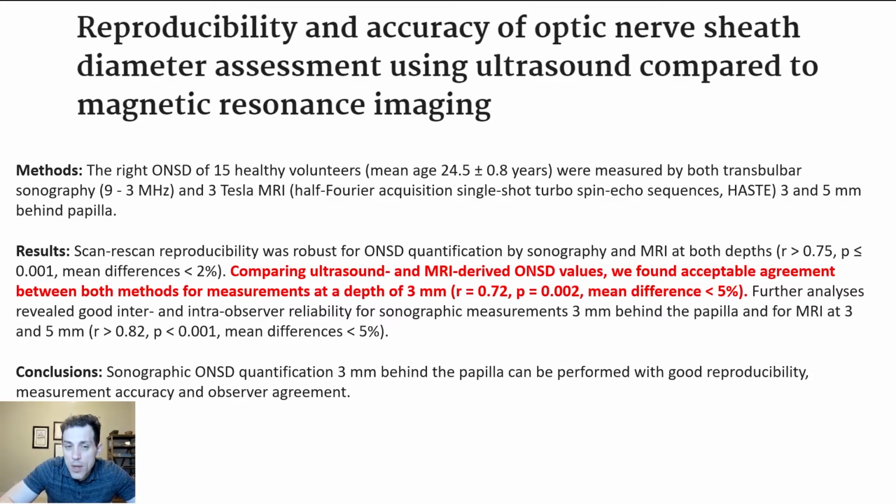What they found was that, comparing ultrasound and MRI derived optic nerve sheath diameter values, there was acceptable agreement between both measures at a depth of 3 millimeters. However, they also looked at 5 millimeters and the accuracy wasn't as high. So that's why we take our measurements at the 3 millimeter depth mark. It comes from this particular paper.